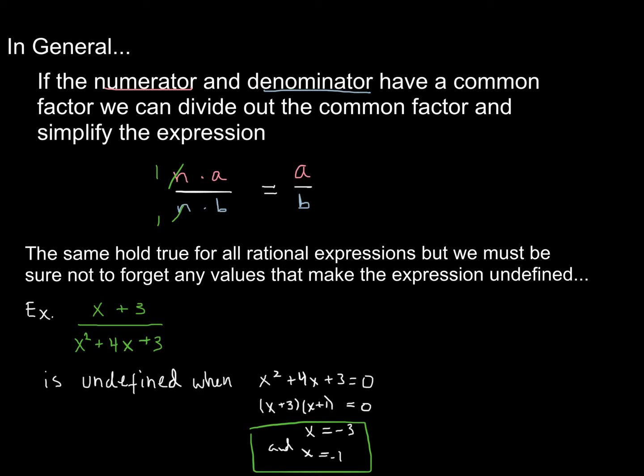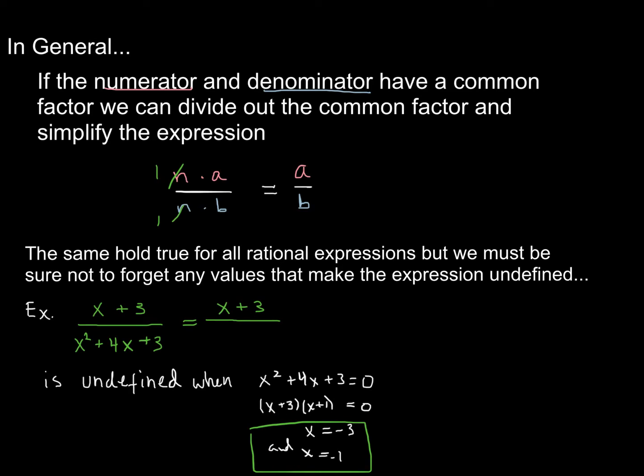Now, just as we've done with fractions, whenever we have a rational expression and we want to simplify it, you want to write this down, we need to factor the numerator and denominator and then cancel out any common factors. So let's go ahead and do that here. The numerator, you'll notice, can't be factored, but the denominator can.